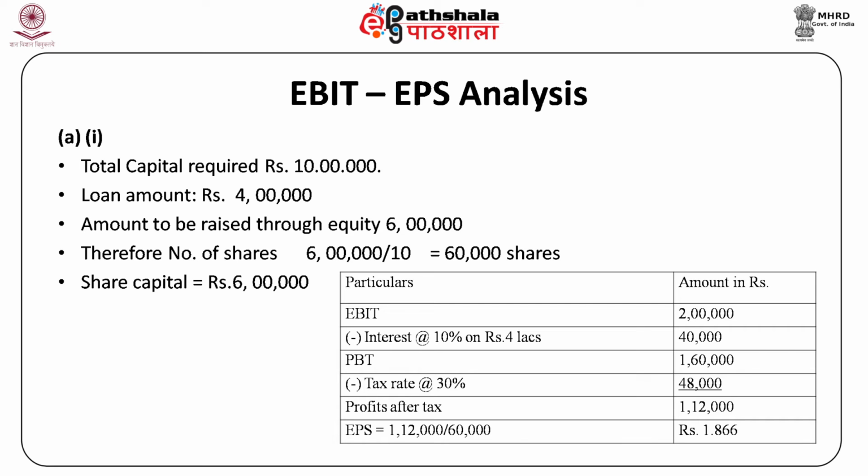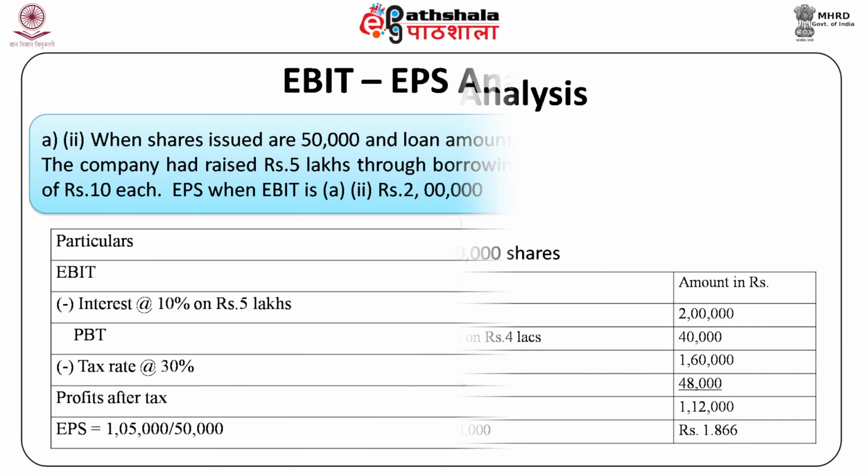Particulars: EBIT 2 lakhs minus interest at 10% on 4 lakhs 40,000, profit before tax 1,60,000 minus tax at the rate of 30% 48,000, profit after tax 1,12,000, EPS is 1,12,000 divided by 60,000 is equal to rupees 1.866.